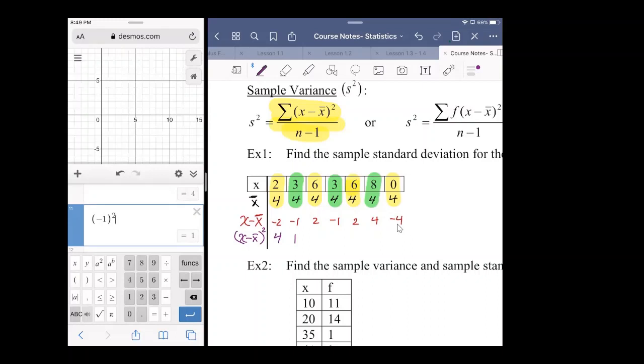You take 2 squared, you get a 4. Negative 1 we already did. Positive 1. Again, 2 squared is 4. 4 squared is 16. Then maybe you look at something like the negative 4 squared, also 16. You see how the negative 1 squared gives you a positive.